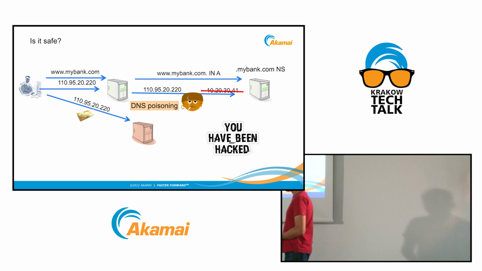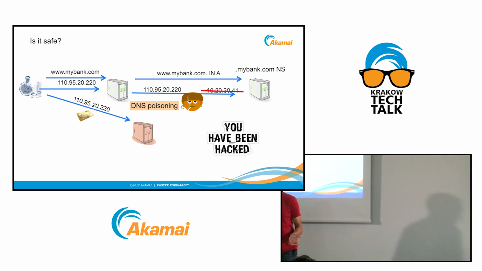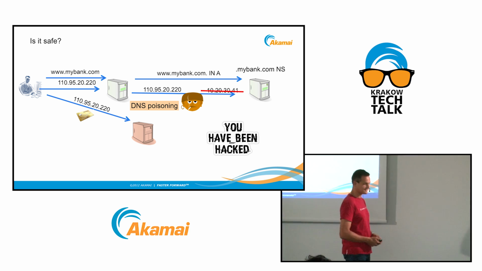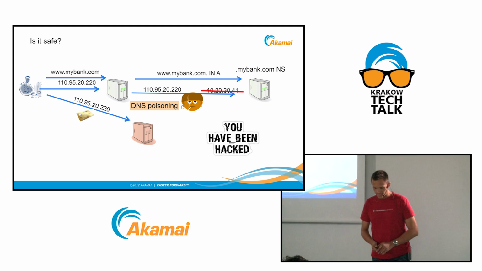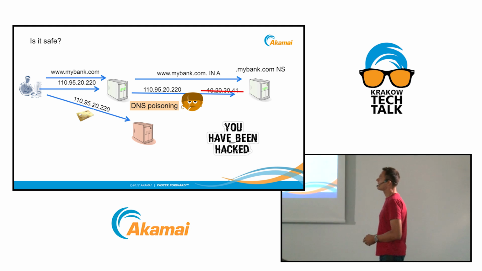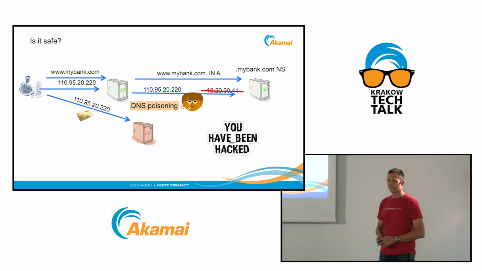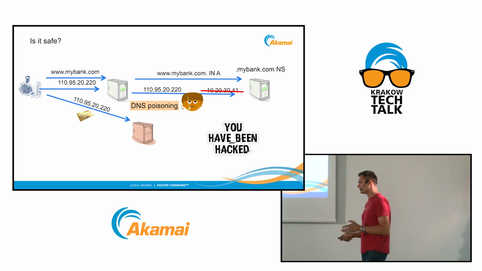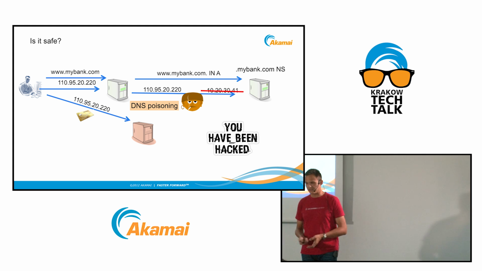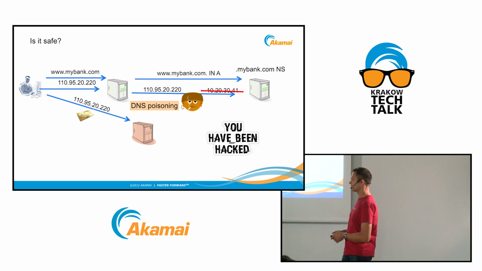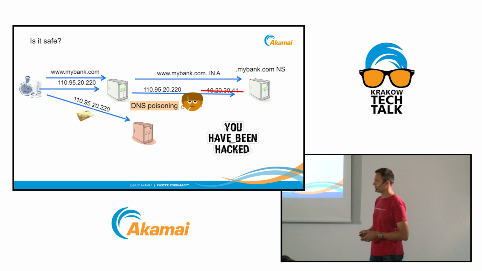Now you may ask if this entire process is safe. Coming back to our example, but this time let's use some bank domain name. So we want to do a money transfer, purchase something, do some operation, wire some funds.